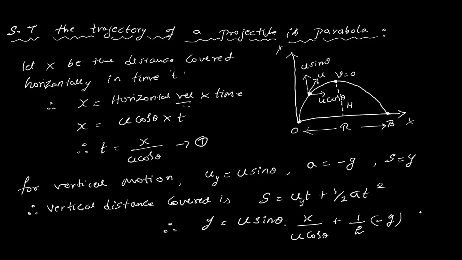So from equation 1, t square is x square divided by u square cos square theta.